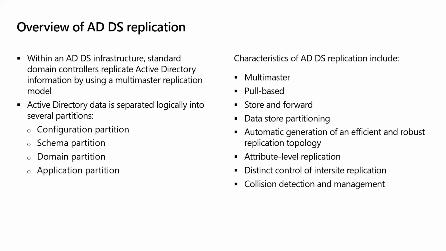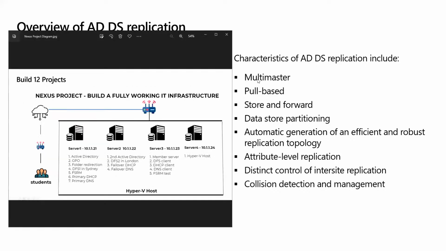Characteristics of replication. In a very large environment, a simple environment is multi-master, where anybody can replicate. Can you see this one? This database, propagate, copy, delete at the same time. Everyone is a master. There is pull-based.